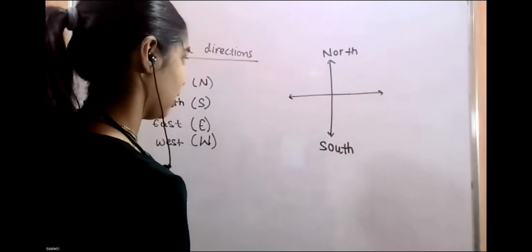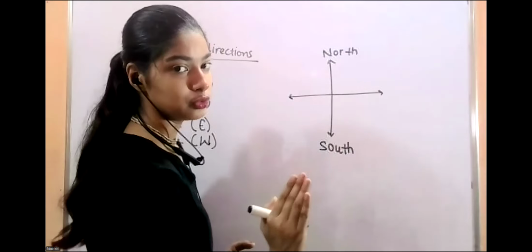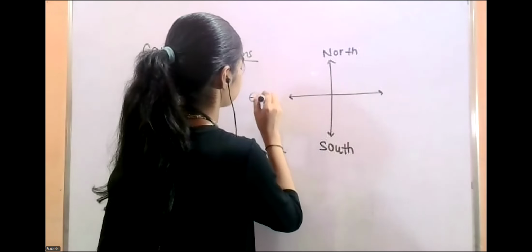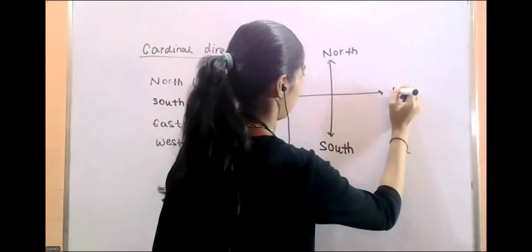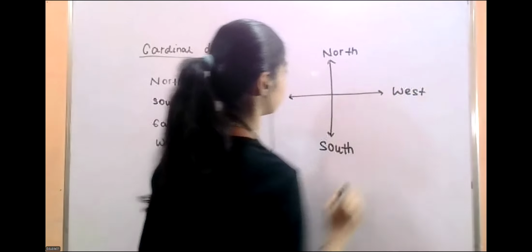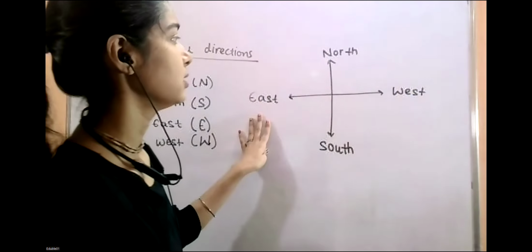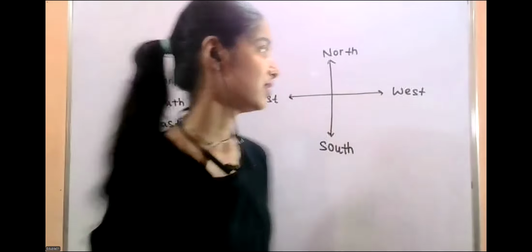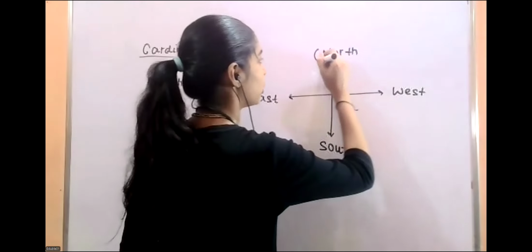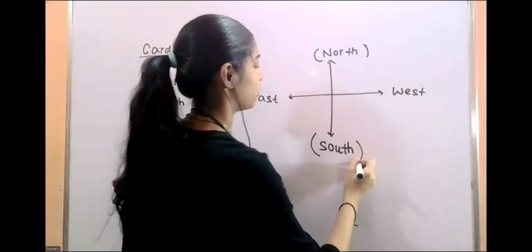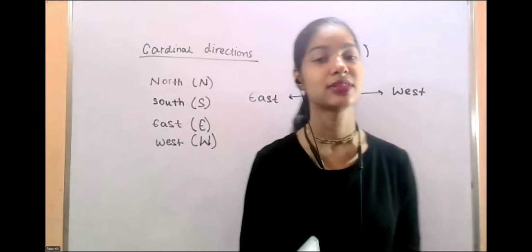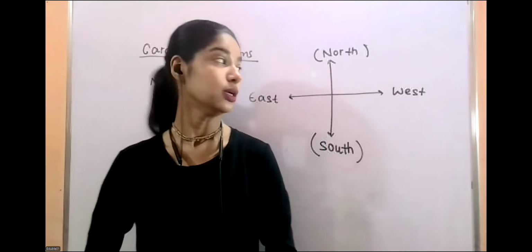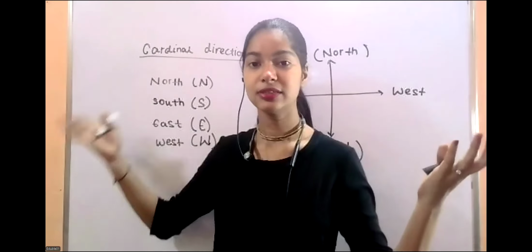Okay? So right now I'm standing opposite to you, right? So this is our east and this is our west, right? Getting it, kids? Okay, so now these are our four directions. North is on top, south is on bottom. Whenever I'm standing in front of you, like I'm standing opposite to you, this is my west and this is my east.